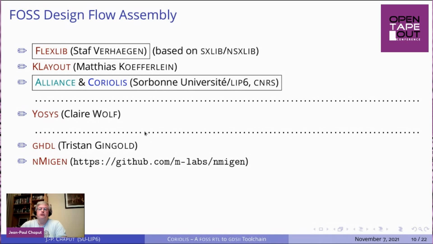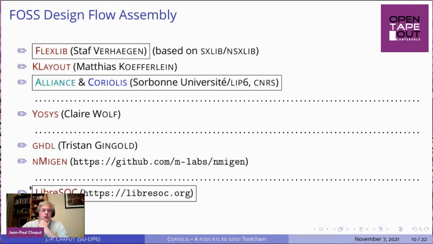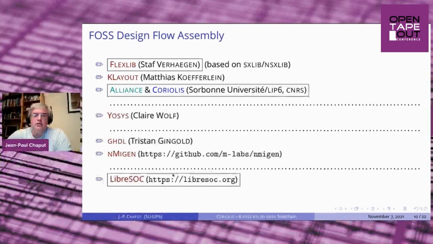As long as you produce VHDL or Verilog, Coriolis can use it. I put that because that is what we are currently using, but there is no obstacle to using anything else. GHDL, of course, is in VHDL and is used to resimulate. And finally, at the top level we have LibreSoC. LibreSoC is, in fact, the level of people doing ASICs, so they are using all the stack.